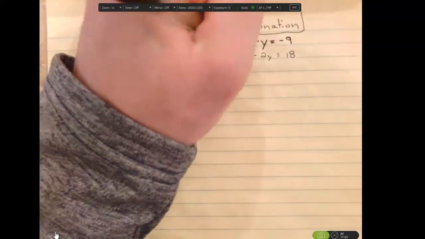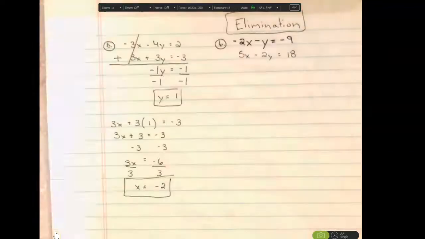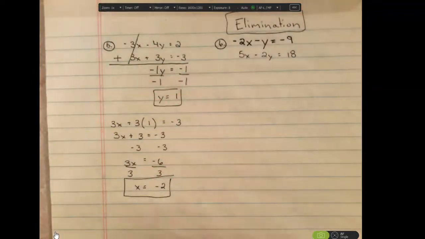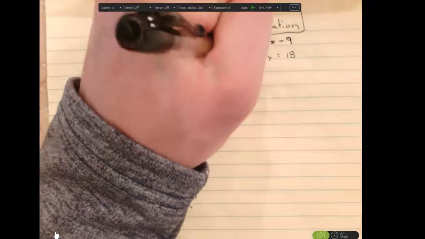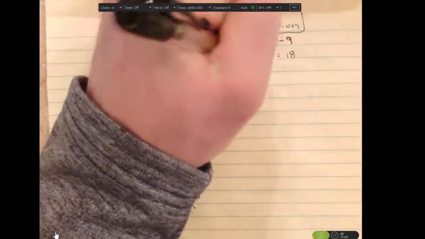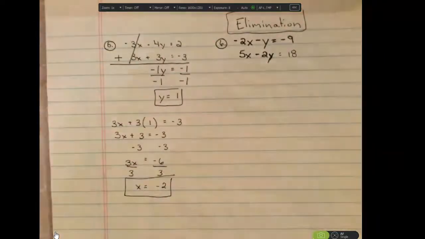And this is going to be your homework for today. I want you to take these two equations. Your second one is 5x minus 2y equals 18.